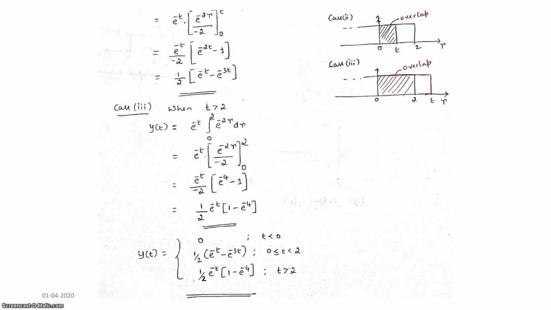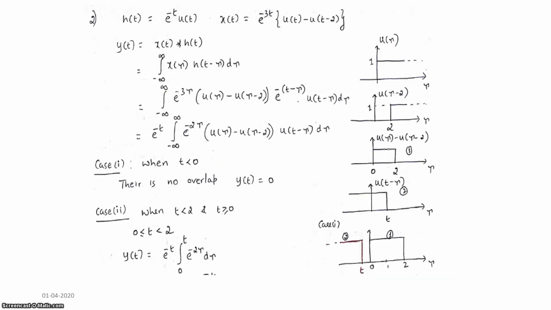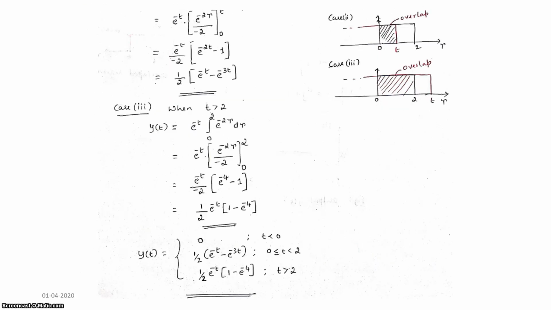The overlapping region is from 0 to t, and that will be the limits of the integration. So y of t is given by e to the power minus t times the integral from 0 to t of e to the power minus 2 tau d tau. Integrating with respect to tau, we get e to the power minus t times e to the power minus 2 tau divided by minus 2. Applying the limits, we get the answer as 1 by 2 times e to the power minus t minus e to the power minus 3t.